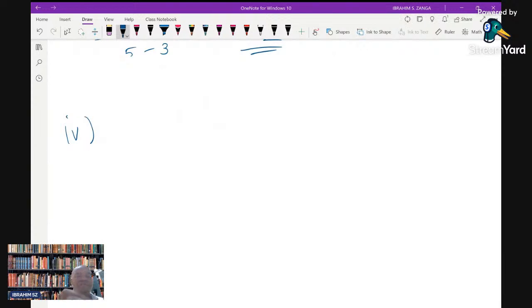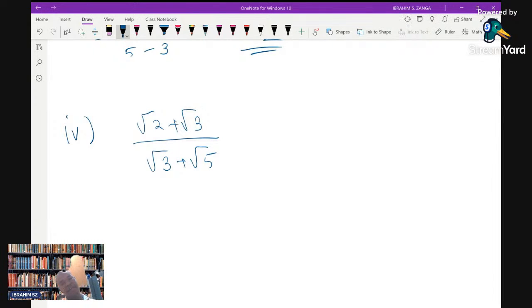Example number 4, when we have radicals in both parts: square root of 2 plus square root of 3 divided by square root of 3 plus square root of 5, for example.